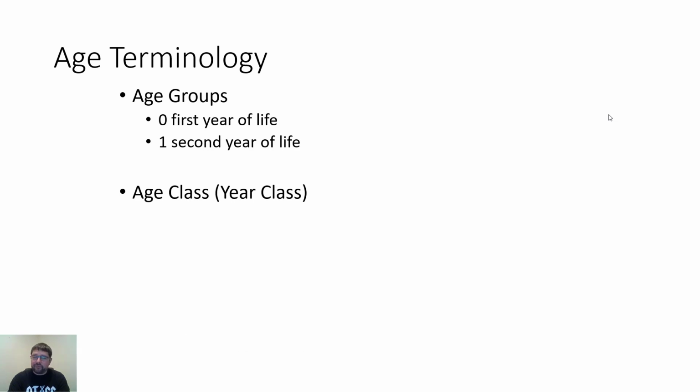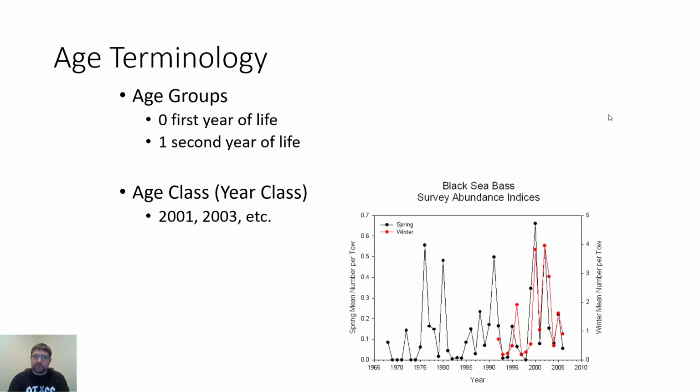Age classes can be determined by when they were born, or when they hatched. So what year? We can look here and examine something like sea bass and see what their populations have been doing.